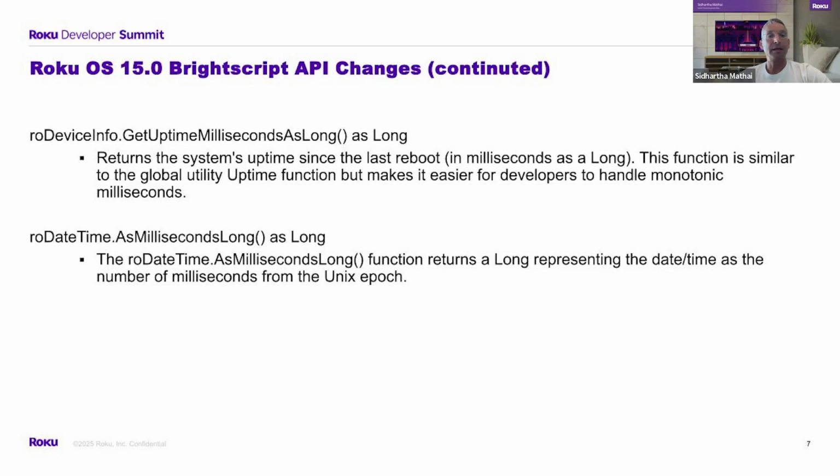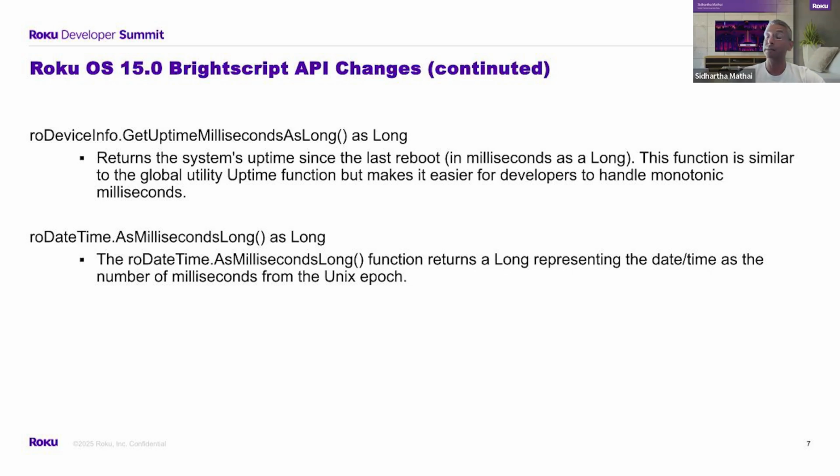The next thing that we have is a new function in roDeviceInfo, GetUptimeMilliseconds as long. Self-explanatory, it returns the system's uptime since the last reboot in milliseconds. It is similar to the previous global utility Uptime function.